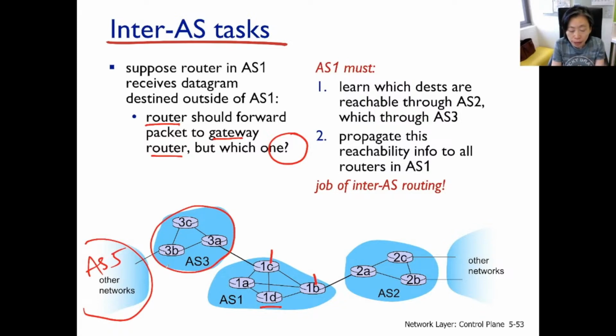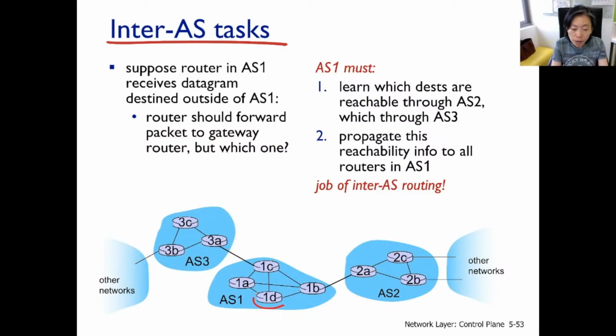This is also saying that even though these routers are internal, they participate in intra-AS routing. They do not participate in inter-AS routing, but they still need to know the shortest AS path to these destination ASs out in the world. So 1D and 1A don't do inter-AS routing, but they still need to know the inter-AS path.